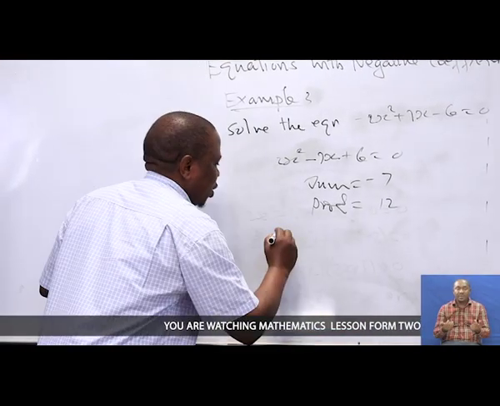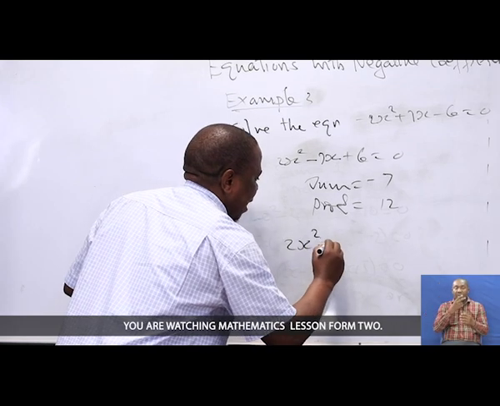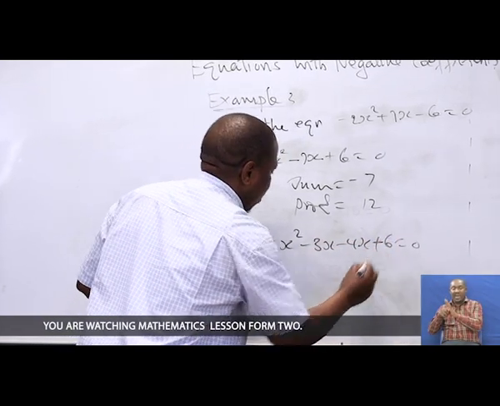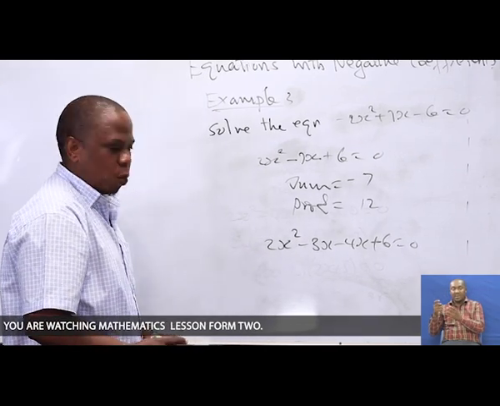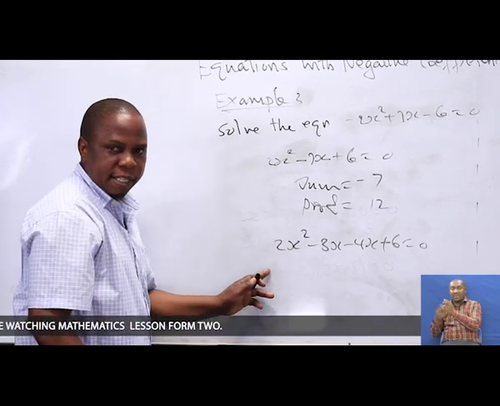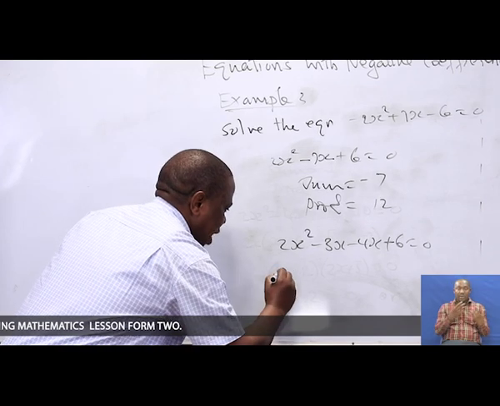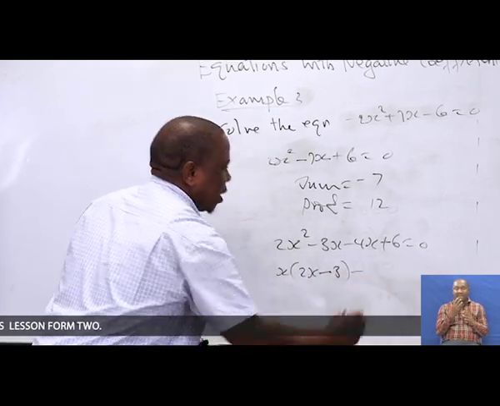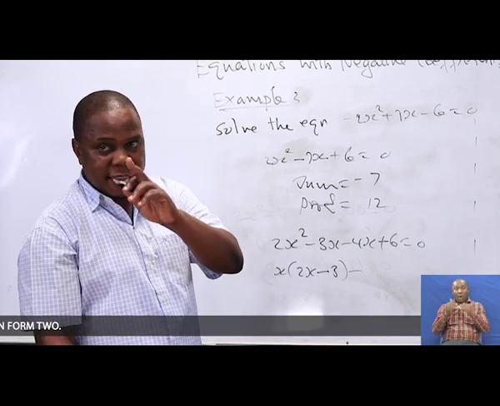So this one here should be written as 2x squared minus 3x minus 4x plus 6 is equal to 0. Group them in 2. What is common between 2x squared and 3x? It is only x. Take x out. 2x minus 3, minus, what is common between 4x and 6? It is 2.